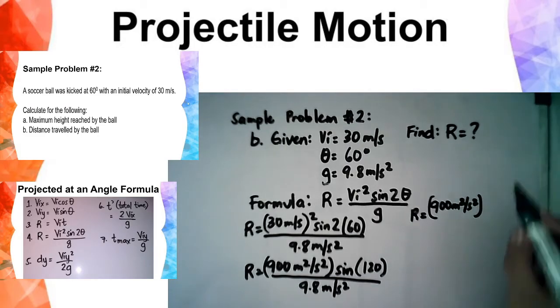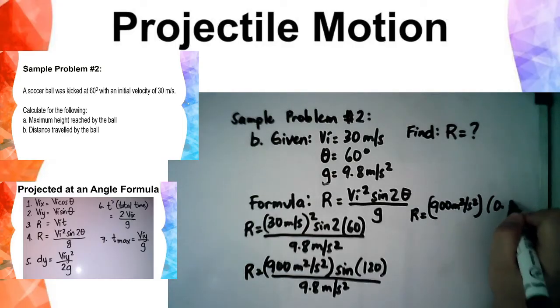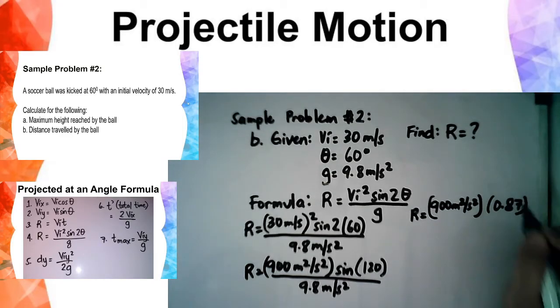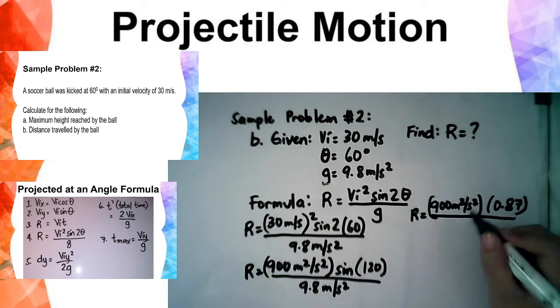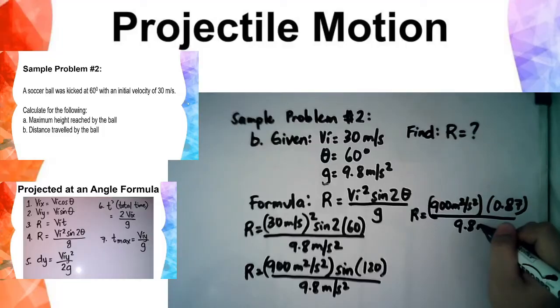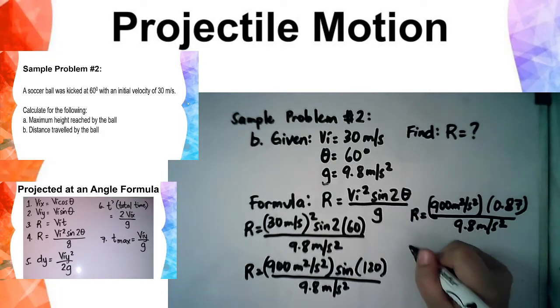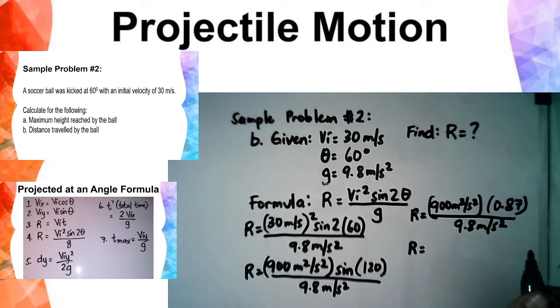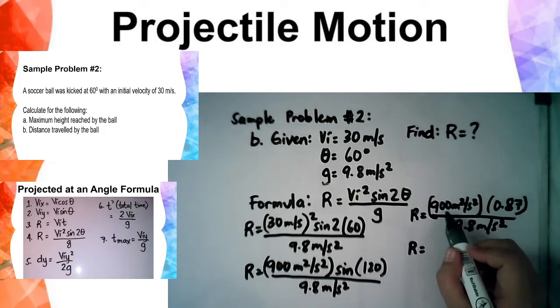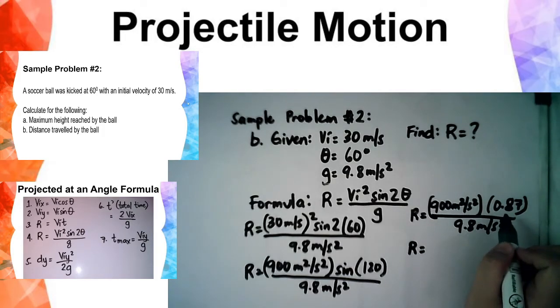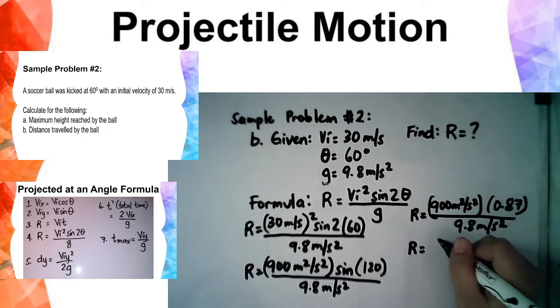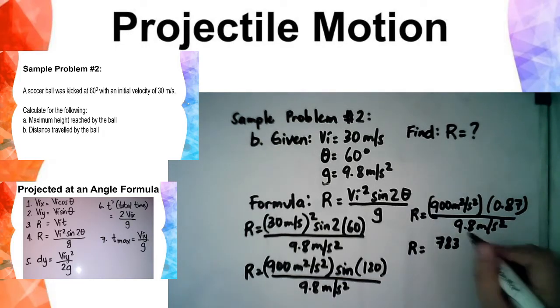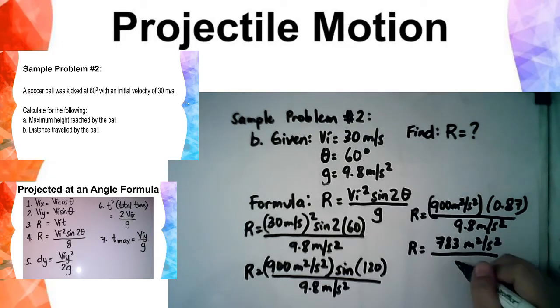So, you will be getting 0.87. Okay? And then, divided by the gravity, which is 9.8 meter per second squared. Okay. Next, you need to multiply 900 times 0.87. You will get 783 meters squared per second squared. Divided by 9.8 meter per second squared.